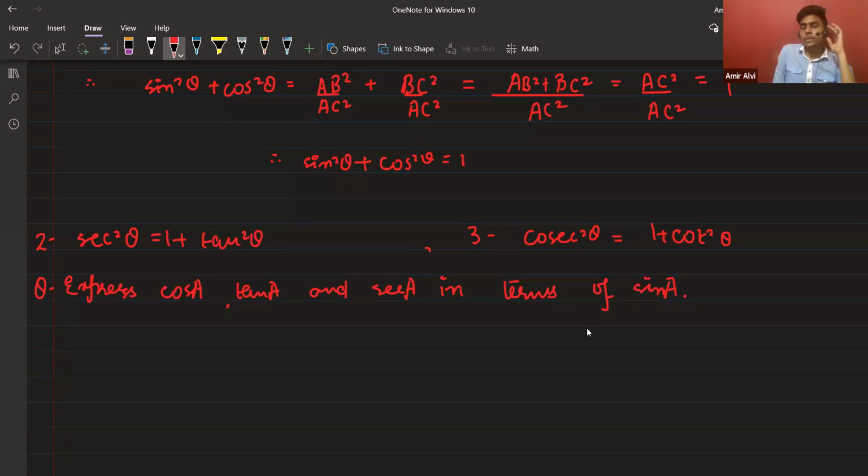I'm giving you 2 minutes, give it a try, then we will solve it. At least try how to approach and solve. Use this identity, I'm giving you a hint: sin square theta plus cos square theta is equal to 1.